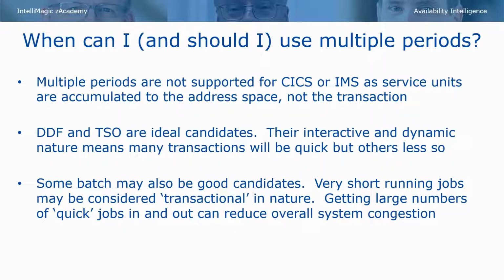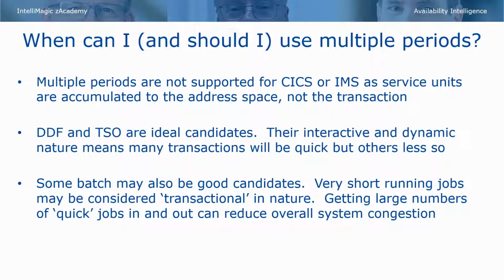And for good reason. When a TSO user is just, say, scrolling through SDSF, this is not an expensive transaction. Like hitting enter or scrolling down is technically a transaction. You're going to interrupt the CPU and do your thing. That should be snappy from my perspective.